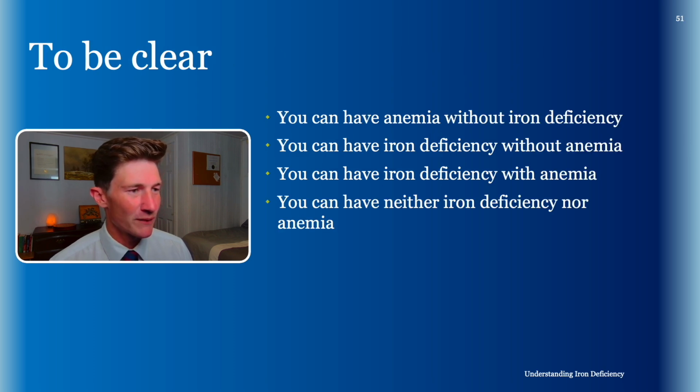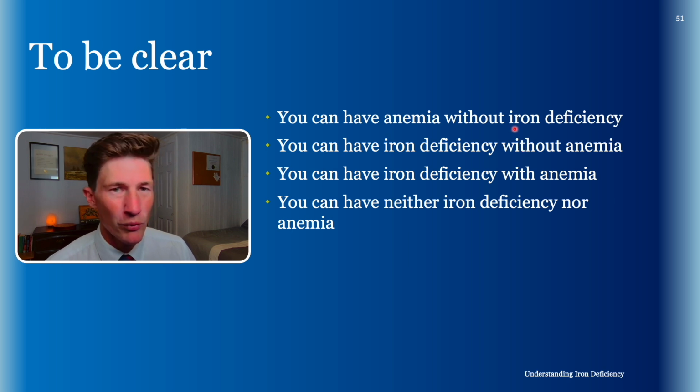Okay, so if I confused you, to be clear, you can have anemia without iron deficiency. These are things like thalassemia, things like sickle cell anemia. You can also have iron deficiency but not have anemia.